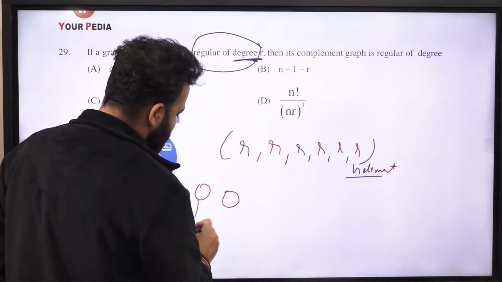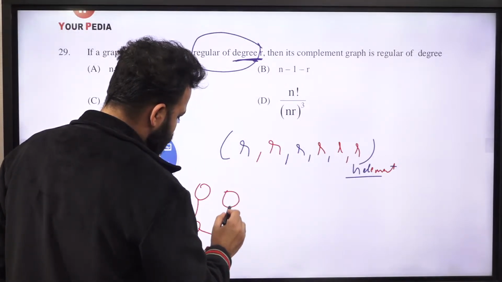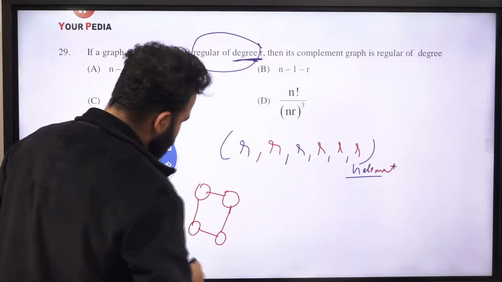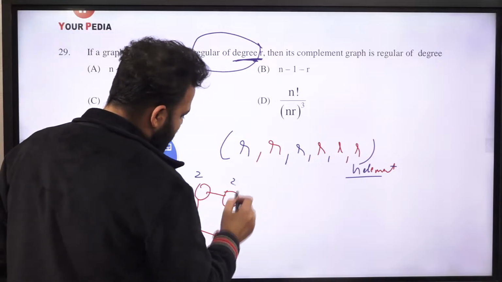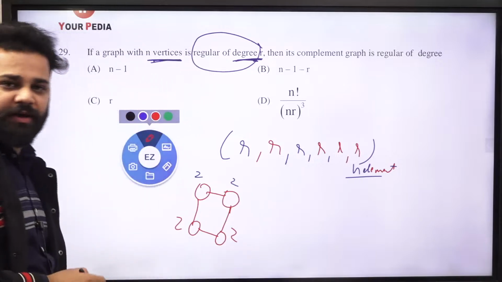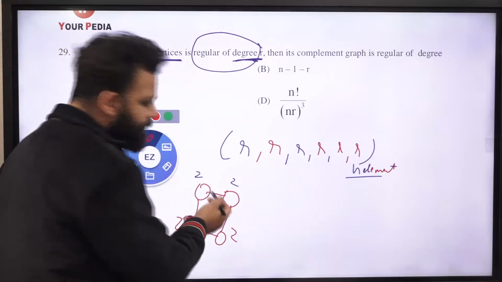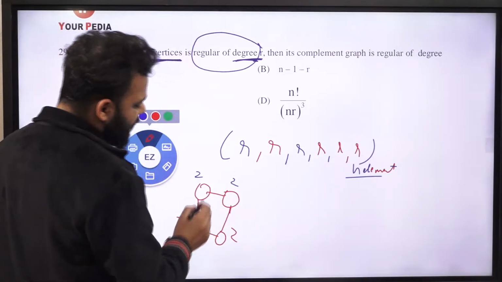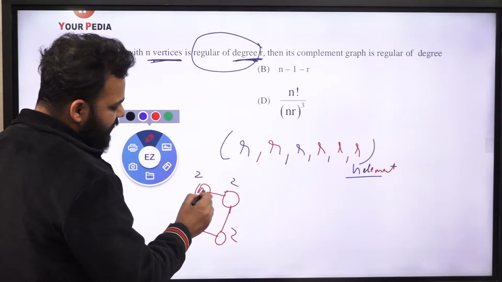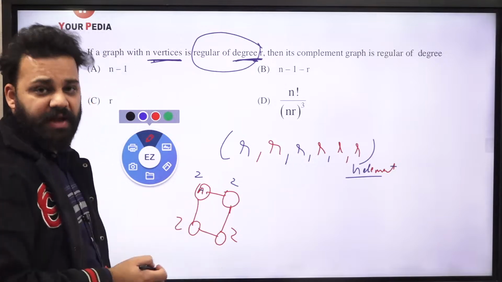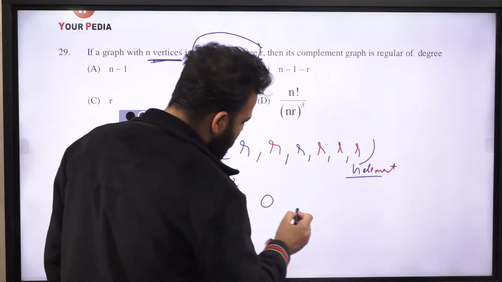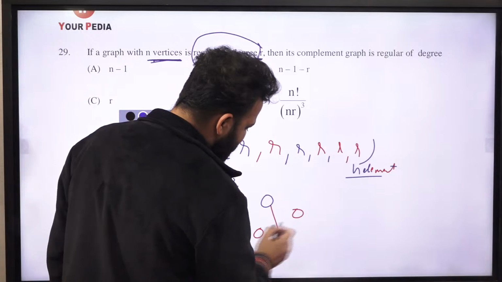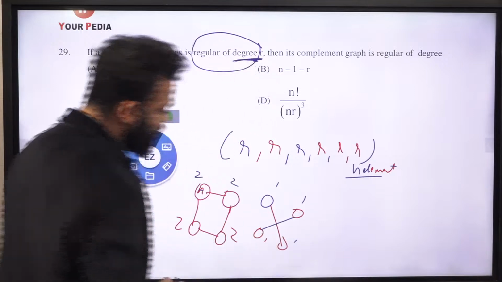So it is a graph in which everyone has degree 2. Now what is the maximum degree possible? For this element A, the maximum degree possible was 3. So if you take the complement of this graph, you will get just this, where everyone has degree 1.